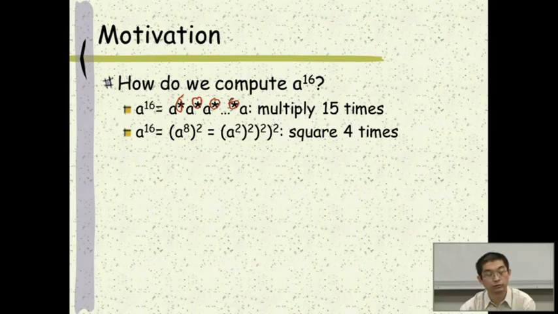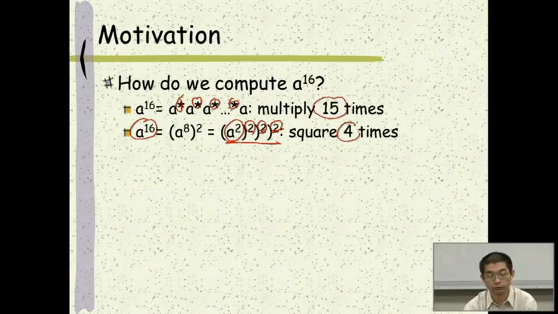If you generalize this, a to the power 16 is a squared, to the power 2, to the power 2, to the power 2 again. Following this operation, you are doing the square operation 4 times, multiplying the number with itself 4 times. So we have reduced the number of multiplications from 15 to 4.